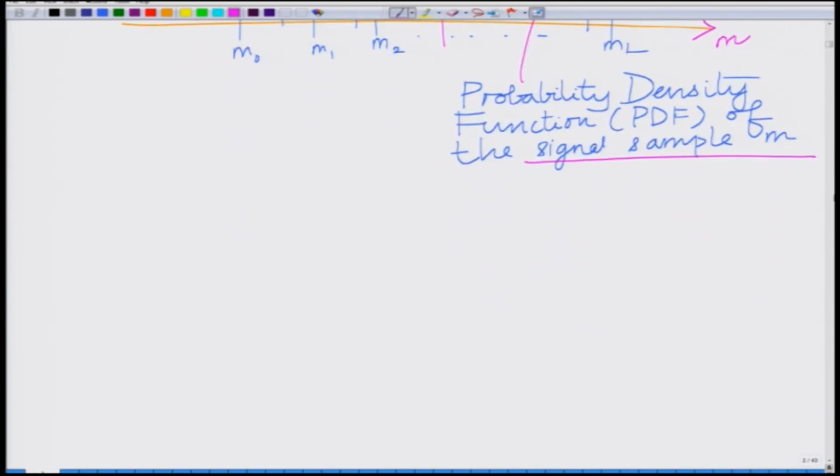Now, m0, m1, m2 are the interval boundaries, as we already know.